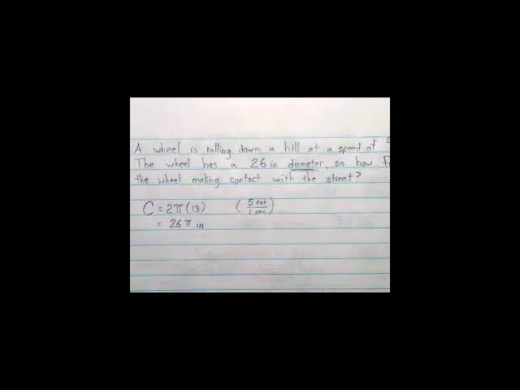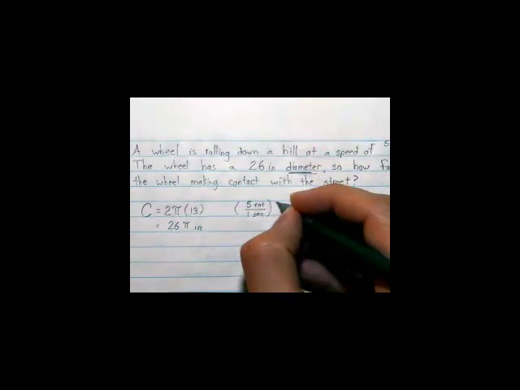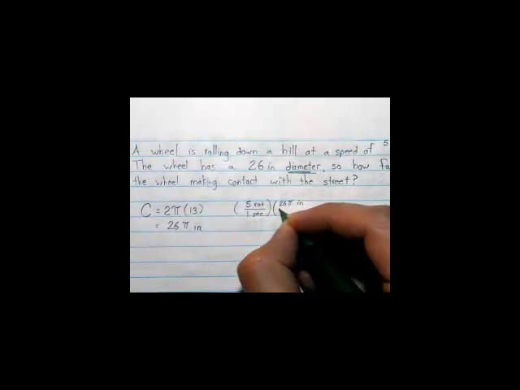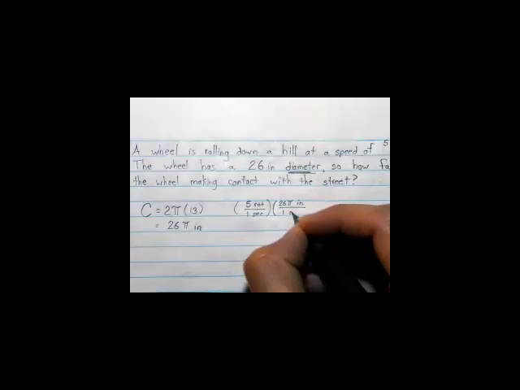So in 1 rotation, how far does the wheel go down the road? 26 pi inches is how far that wheel will go in 1 rotation.